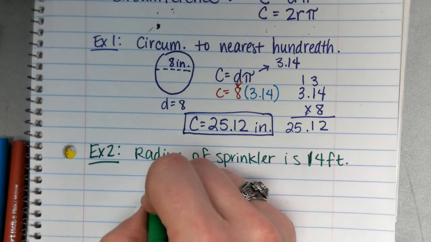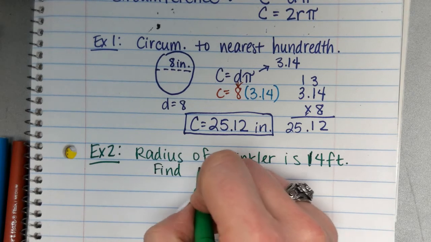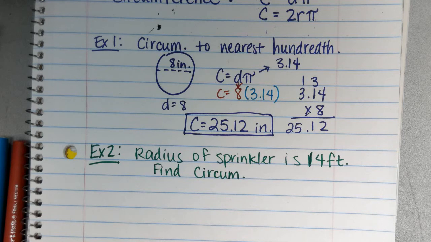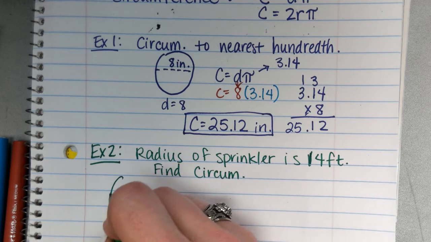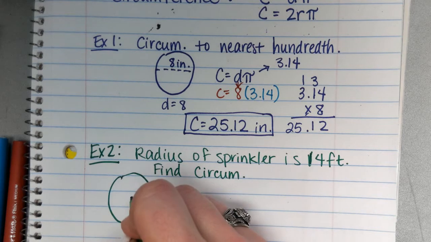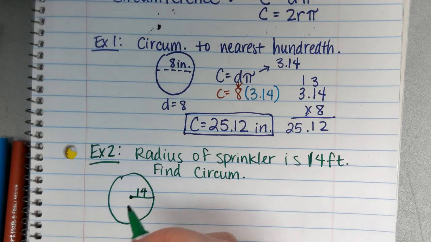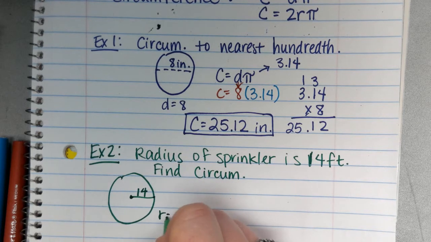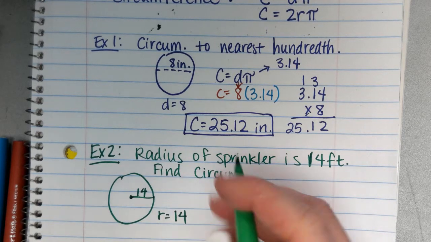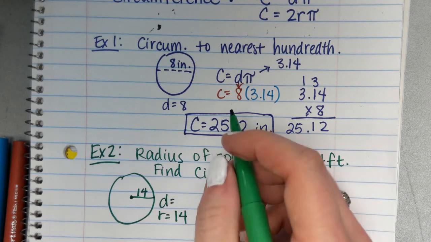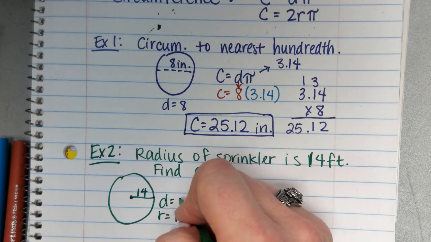We need to find the circumference. Okay, so if you want to see what this looks like drawn out, here's the radius, and that's 14 feet. So R is 14. For good measure, we could find out what the D is. What's the D? You can answer out loud.